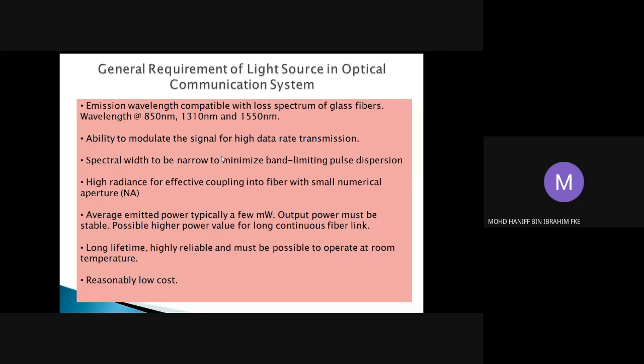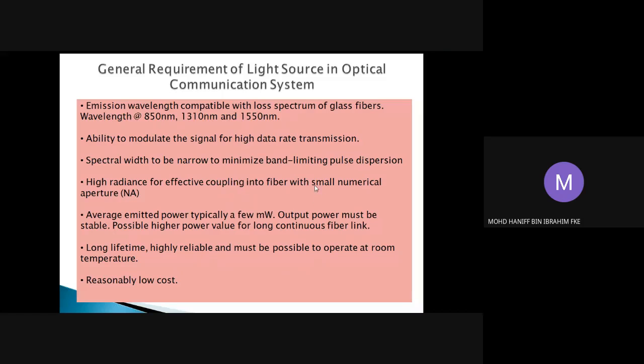Number three, we learned in chapter 3 that spectral width is one of the important characteristics that determines the value of pulse dispersion of the data. So we need to ensure that the spectral width is narrow, because with a narrower spectral width the pulse dispersion will be reduced.